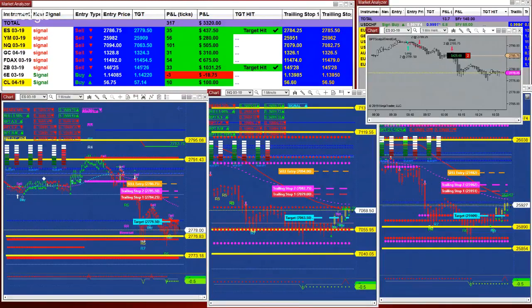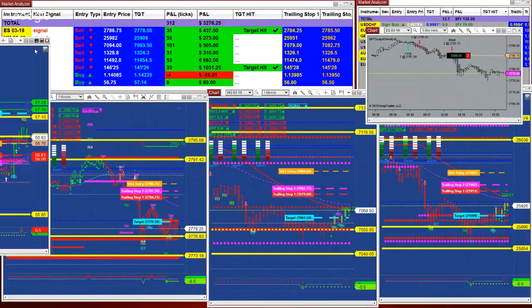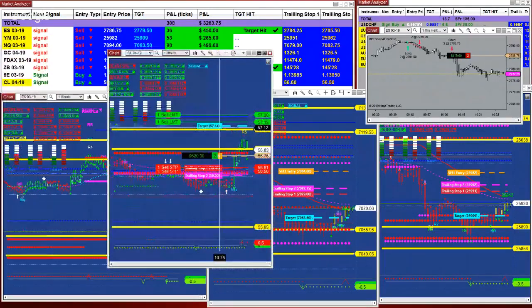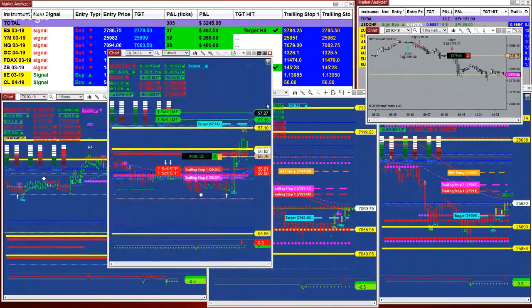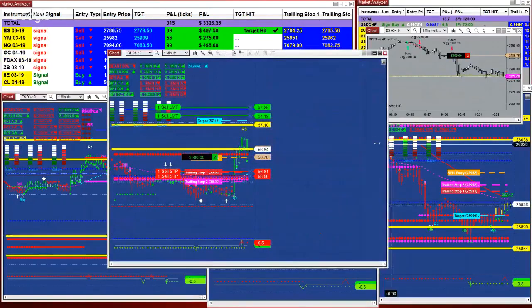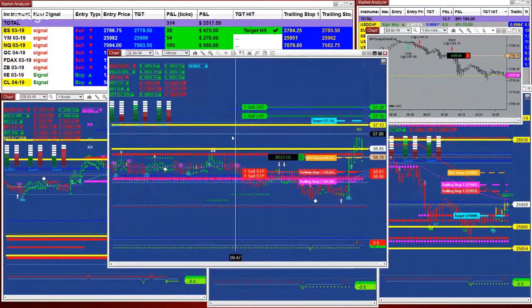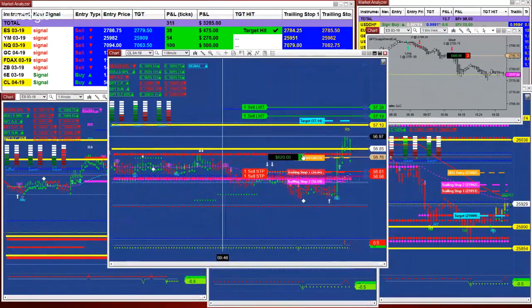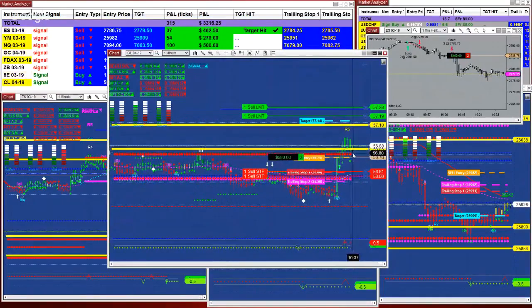Oh, I'm sorry, I'm sitting here babbling, and I forgot there is a new signal on the CL. Actually there is a pullback right now, and this is a very nice re-entry point on the CL. This is a very nice re-entry.